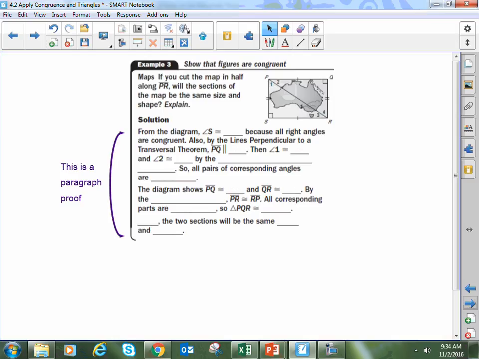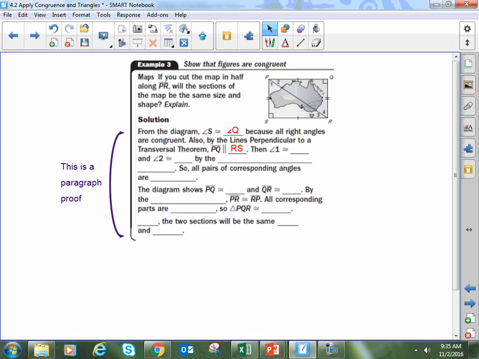So in the diagram, we can show that angle S is congruent to angle Q. We know that because every right angle that we ever see in Euclidean geometry is always going to be congruent to each other. And so by the perpendicular to a transversal lines theorem, PQ must be parallel to RS. It makes sense. If we have two lines perpendicular to the same thing, then they have to be parallel to each other.